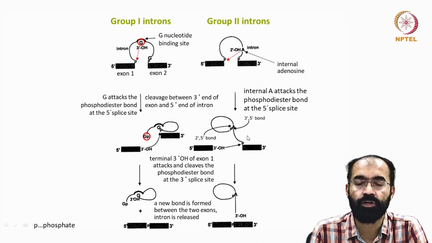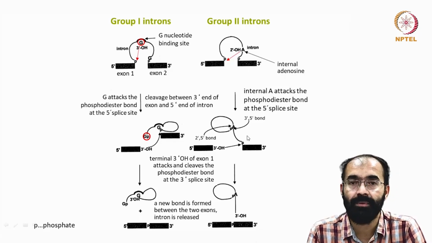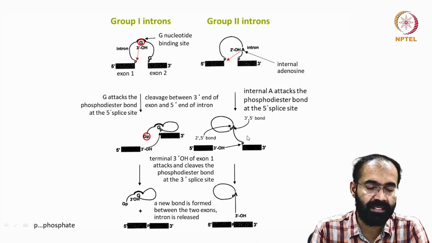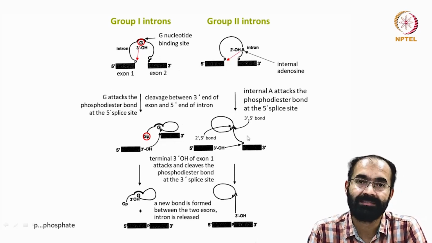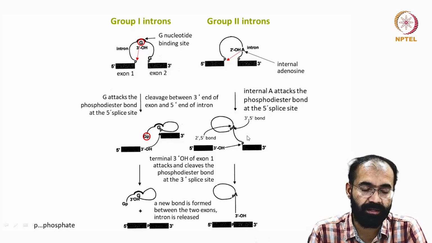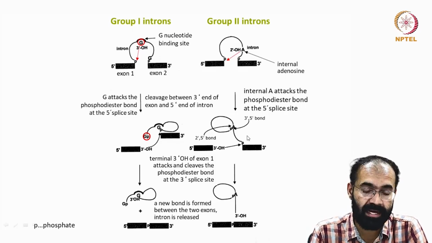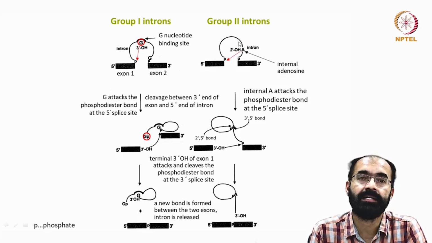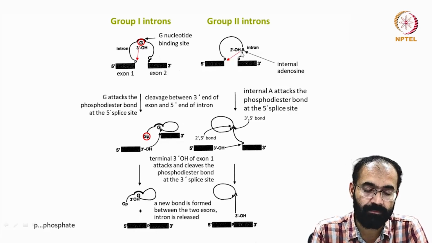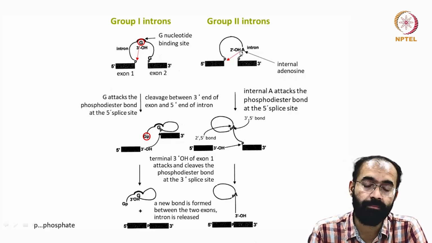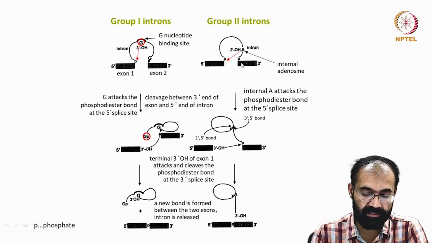So group 1 and group 2 introns do a similar job. The only difference is that group 1 requires an external guanosine whose 3' OH participates in the trans-esterification or nucleophilic attack reaction, whereas in group 2 intron it is an internal adenosine that participates, and its 2' OH participates in the nucleophilic attack and the trans-esterification reactions.